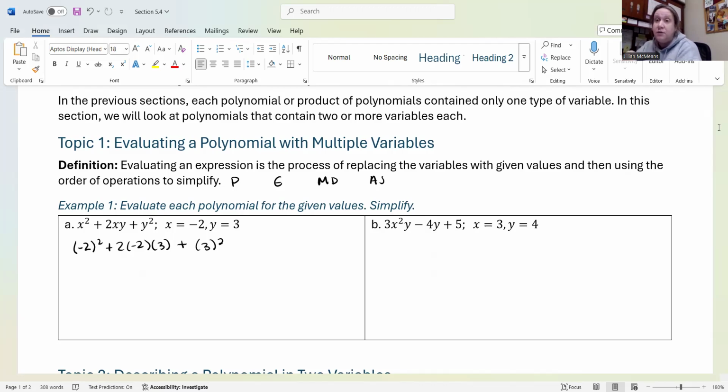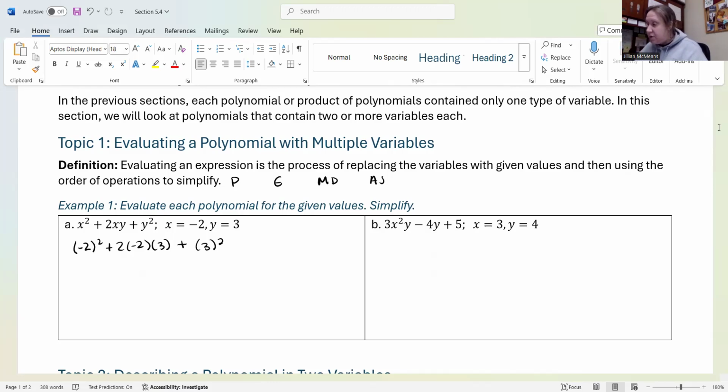Sometimes you use parentheses, for example, around a -2 with that exponent, or you use parentheses to indicate multiplication. But the grouping symbol parentheses are what we're looking for in the order of operations. So that would mean inside parentheses, you'd have some operation like addition, subtraction, multiplication, or division. We don't have that here. Next, you would deal with exponents. We do have that here. After exponents, we would multiply and divide, and then the last step for us will be addition and subtraction.